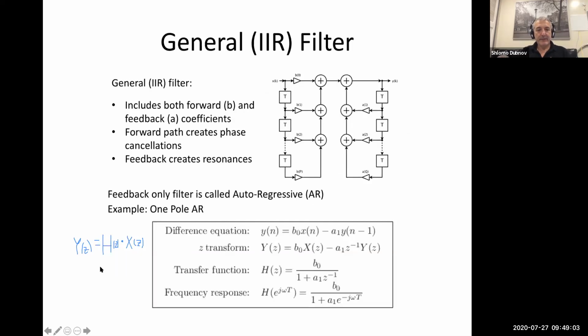So if you remember, we had the low pass filter, this was the drawing of H, and it will basically multiply or give you different weights in the frequency domain over the frequency contents of X. So if you think about it this way, you take these Y's, you move this to the other side, you have Y times (1 plus a1 Z^-1) equals B0 X, and you divide them, you get the H, okay?